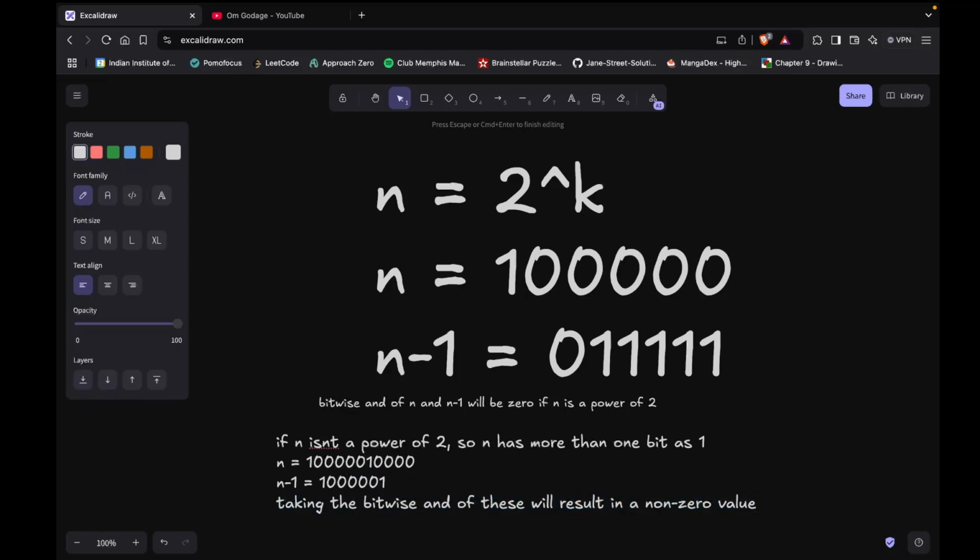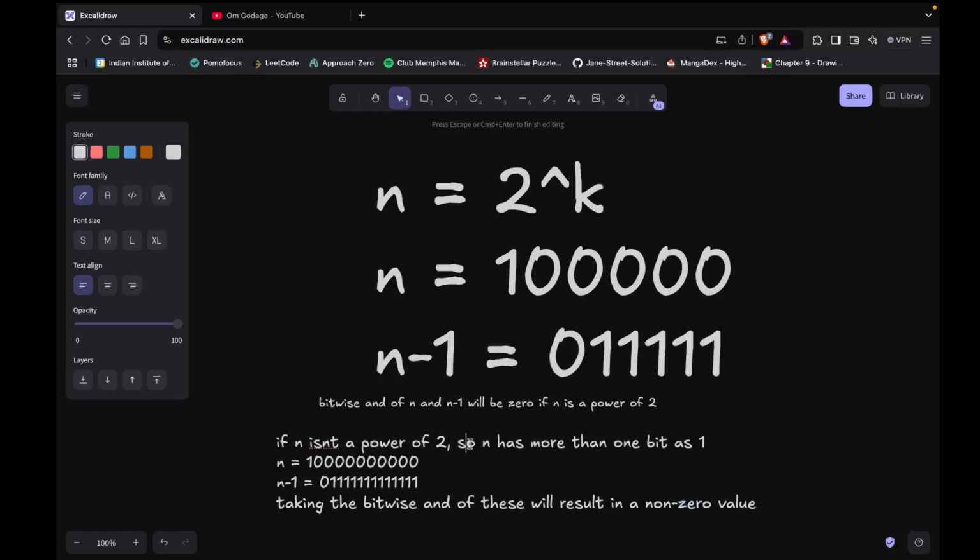Only in the case of 2 raised to k, or when there is only a single one, the most significant bit is changed to 0 and all the others become a 1. So it becomes the exact opposite, and when you take the bitwise AND of both of these numbers, you end up getting a 0. This only happens when there is a single one in the binary form. Okay, I think this should explain it.